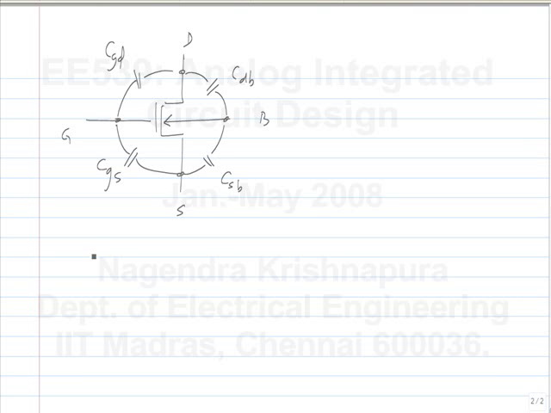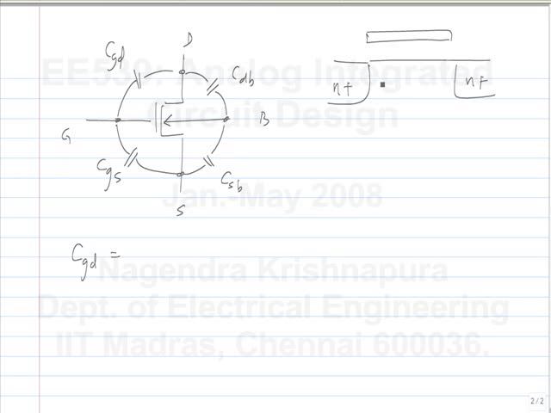How much is CGD? Basically, it's a distributed capacitance between the gate and the channel. When it's in saturation, there is no channel immediately at the drain end of the device. So you assume that all of this is connected only to the source side and you apportion all of it to the source.